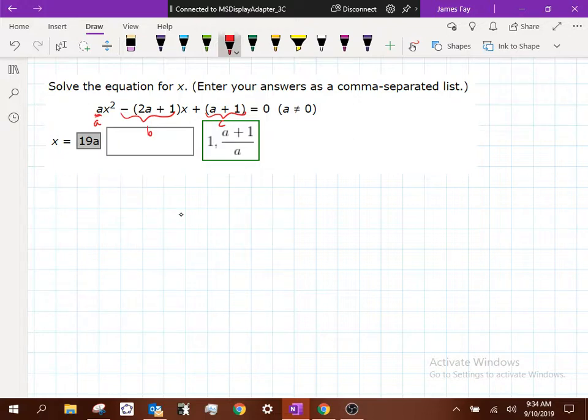So when I solve for X, I'm going to go the opposite of B. Which you can do several different ways. If you distribute that, you get negative 2A minus 1, right? And then you distribute that negative, and you get 2A plus 1, right? Or you can think those two things undo each other. And then we'll go plus or minus.